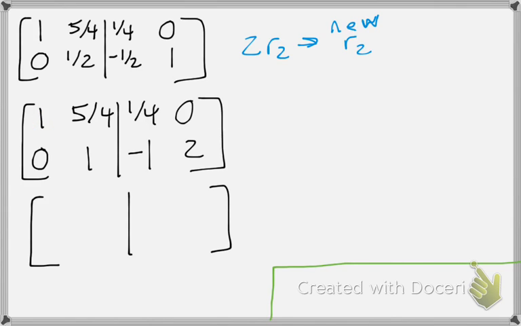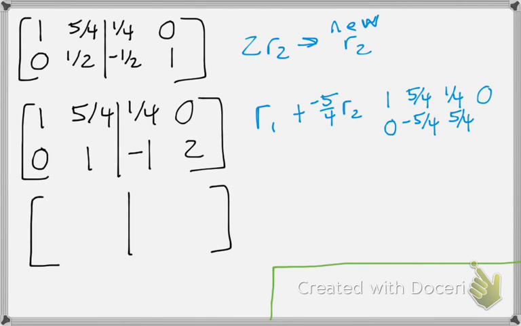The last thing I need to do is get a 0 in this location. So what I want to do is take row 1 and add -5/4 times row 2. So that's going to be 1, 5/4, 1/4, 0, plus 0, -5/4, 5/4, -5/2.